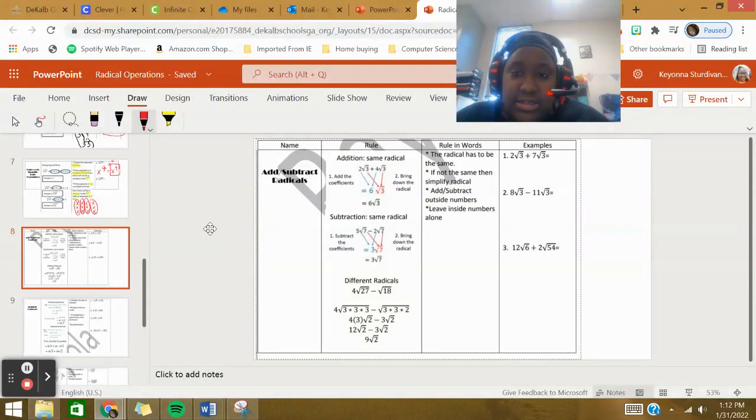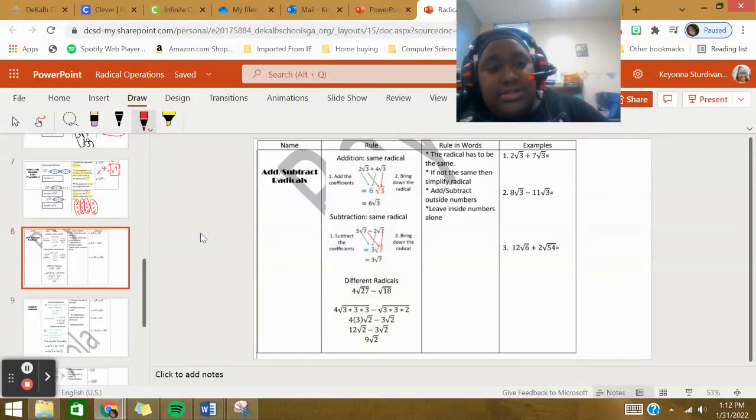Let's take a look at adding, subtracting radicals. So this guy is brand new, okay? Let's read what it says. It says the radicals have to be the same, okay? And in layman's terms, that means that the radicands have to be the same. So if I drew a radical, doesn't matter what it is, let's put 10 here.